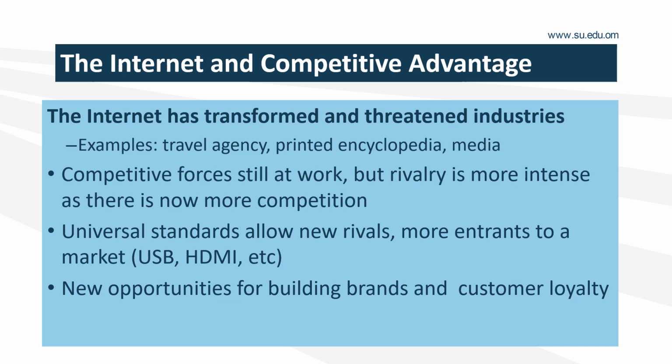Because now people can browse websites and, for example, buy a flight ticket directly. They don't have to go through a travel agency because the airlines can sell tickets directly, not through the travel agent.